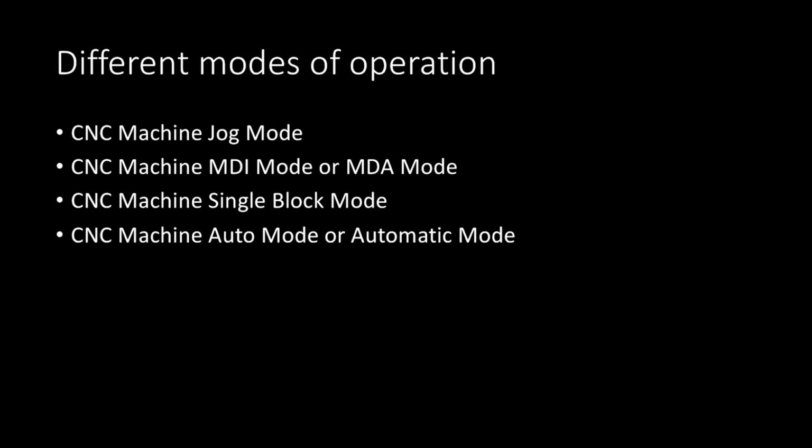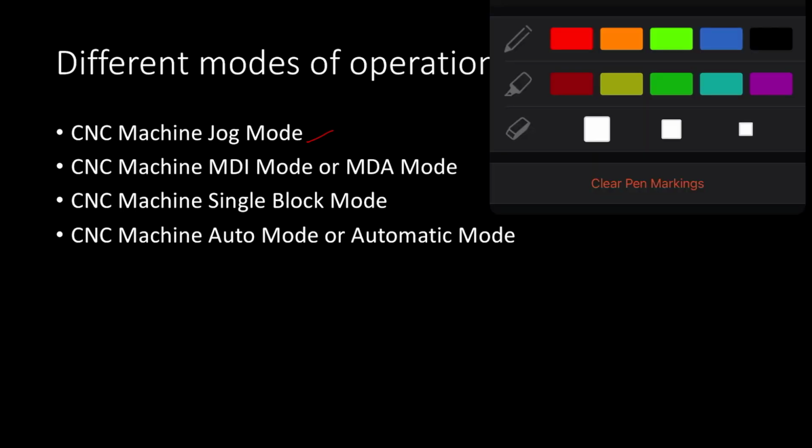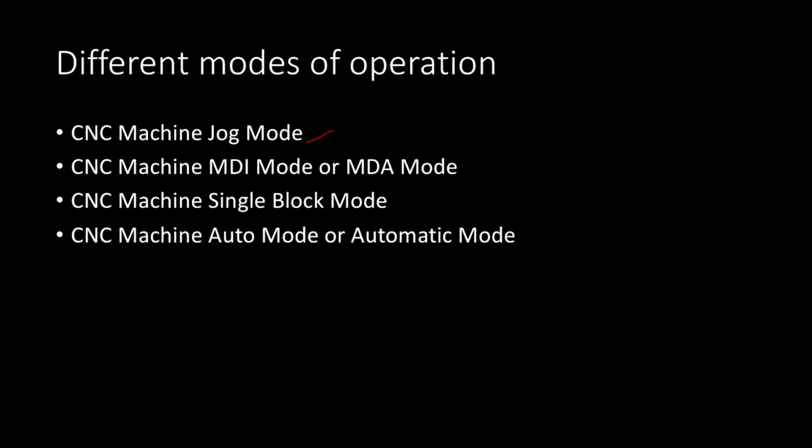The number of modes is controller specific, but in a broad sense we can categorize them as: number one, CNC machine jog mode; then CNC machine MDI mode or MDA mode, where MDI means manual data input mode and MDA means manual data automatic mode; CNC machine single block mode; and CNC machine auto mode or automatic mode, that is the fourth one.